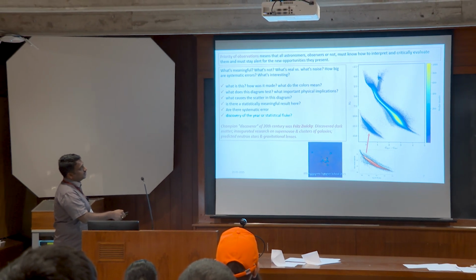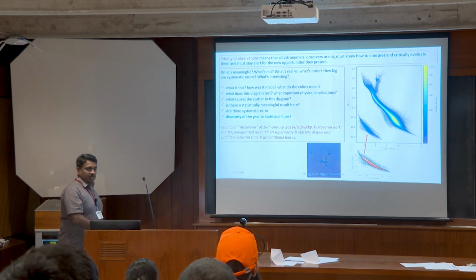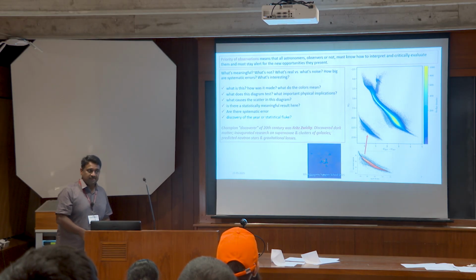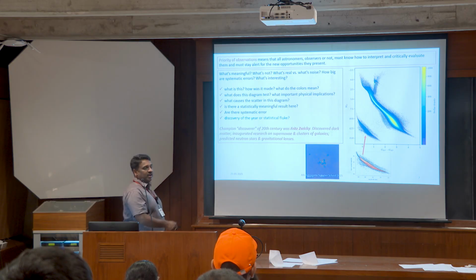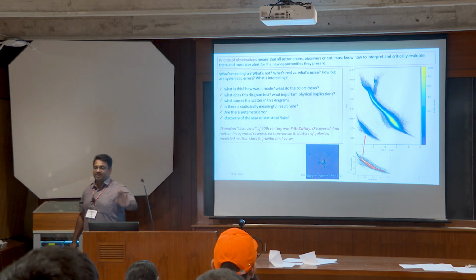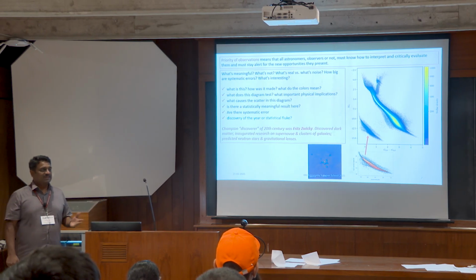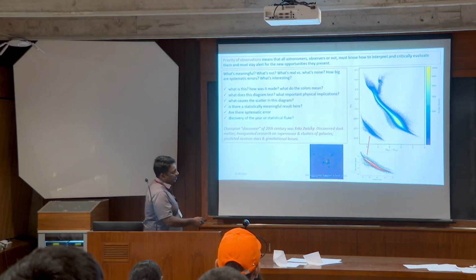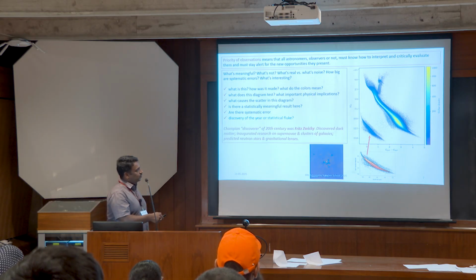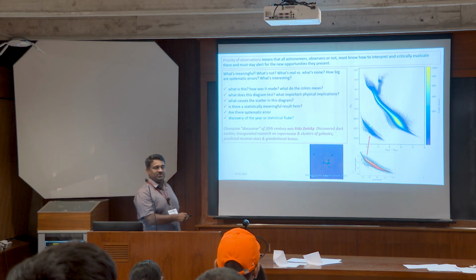For example, this is the HR diagram. Heard about the HR diagram? Hertzsprung-Russell diagram. Now you see it's a well polished figure. People say, yeah, we understand everything, but when the Gaia color magnitude diagram was made, what objects represent this region?